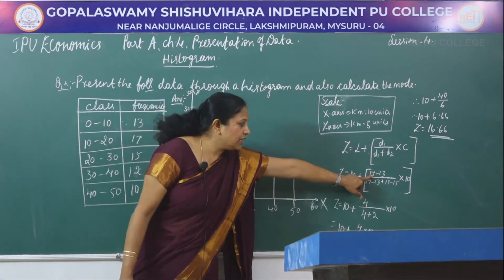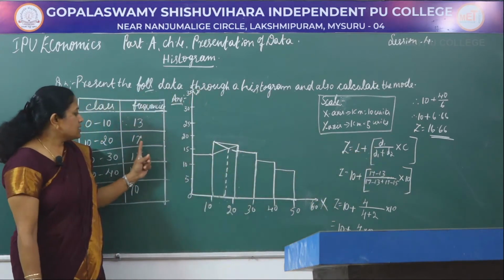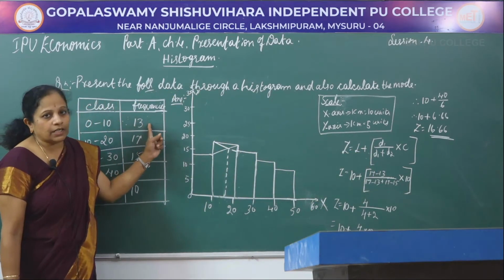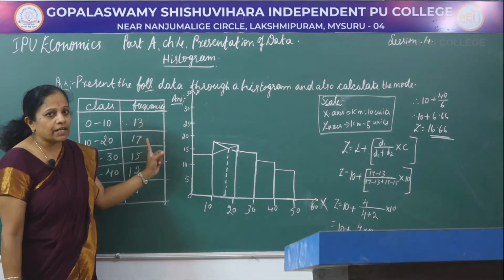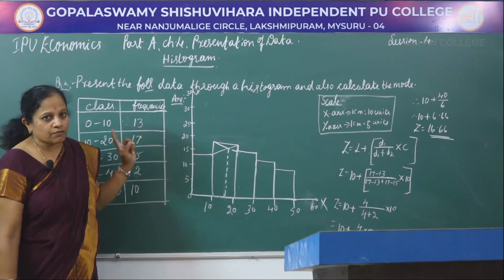Then the difference between the previous value, 17 minus 13, is D1, the difference between the modal value and the previous value.